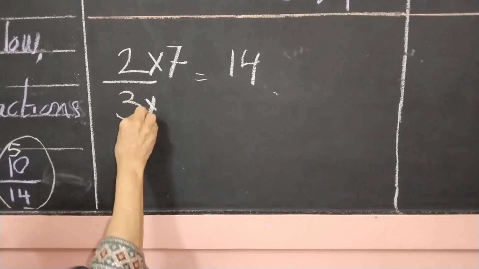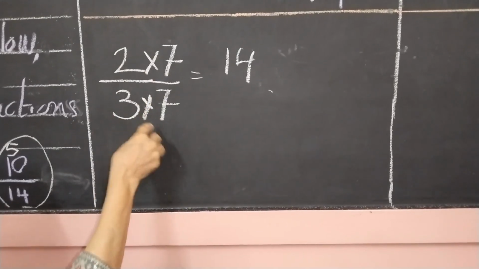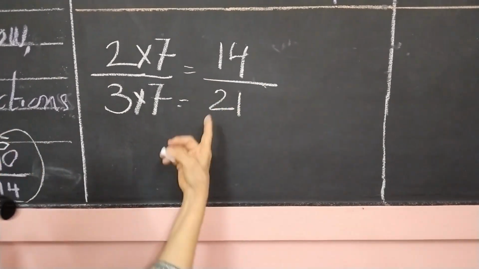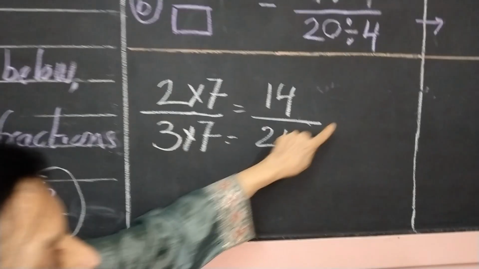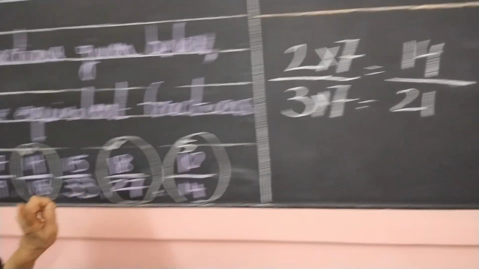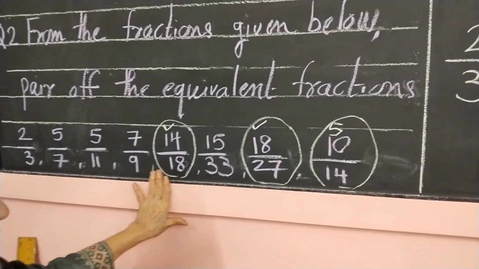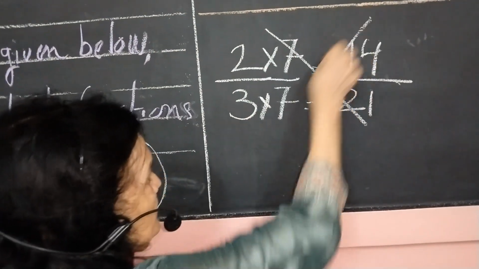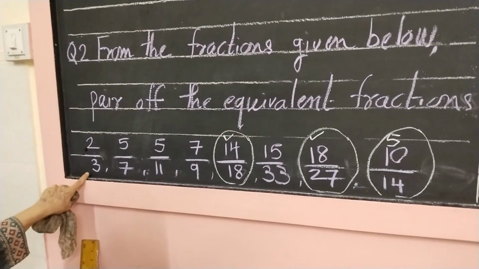And immediately we will have to multiply the denominator also in order to get 21 and find out whether this particular fraction is given to us in the series. No, it is not given, and hence this cannot be a जोड़ीदार or equivalent fraction of 2 upon 3.